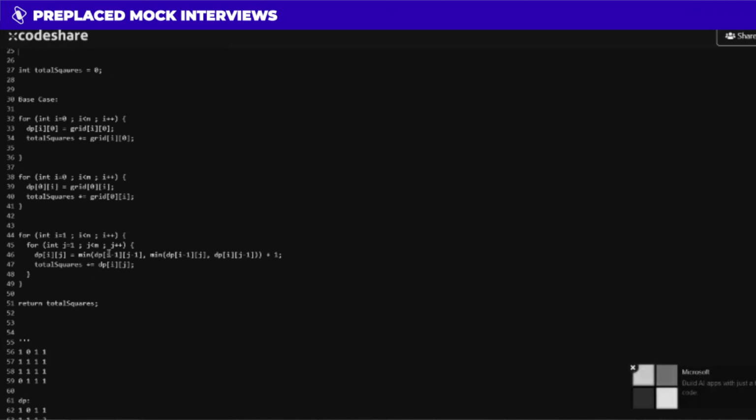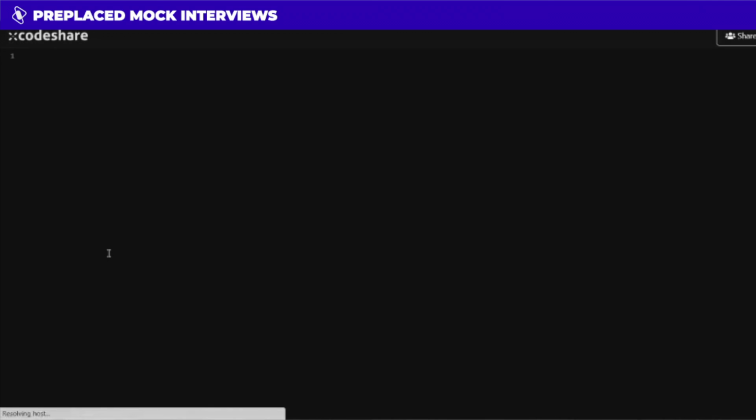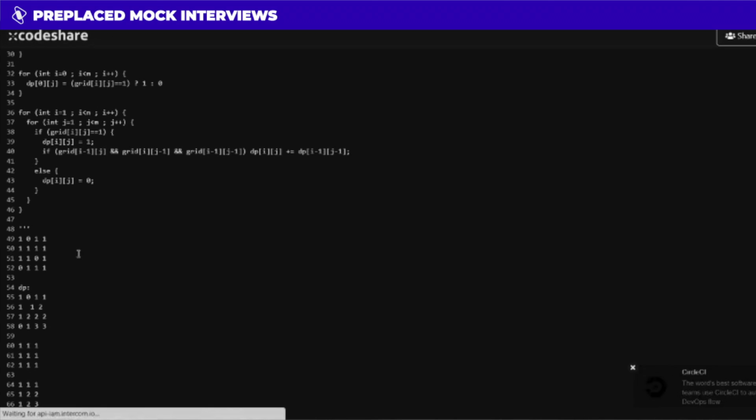Sorry, could you repeat? Okay, let me show it by an example. Above the DP array, there is an example for which you prepared the DP array. Let me introduce another 0 in between. Try to compute the DP array for this.